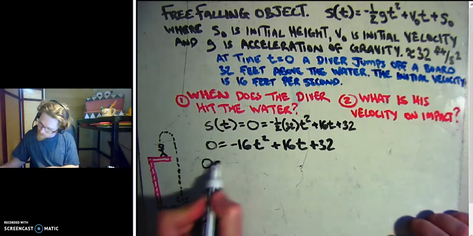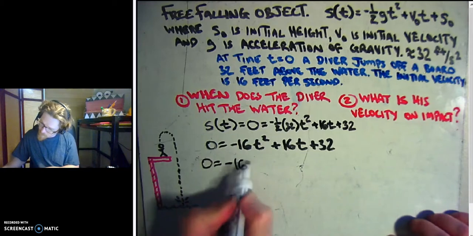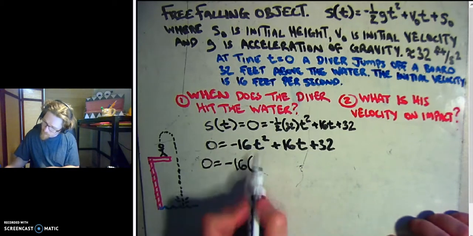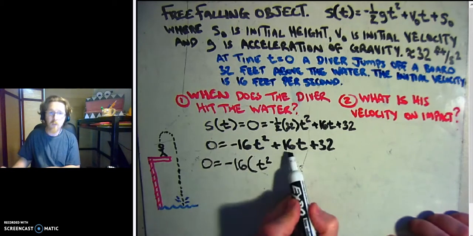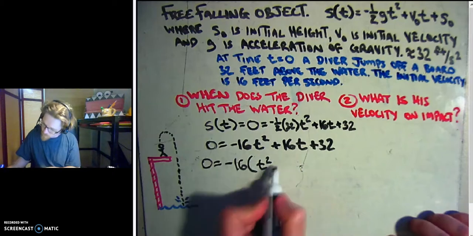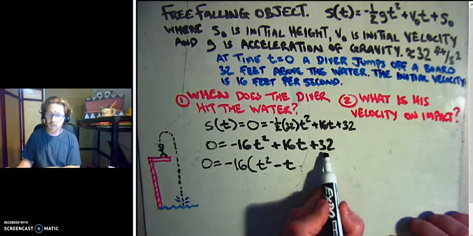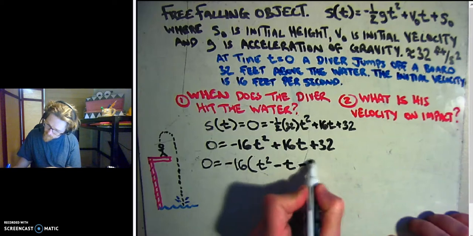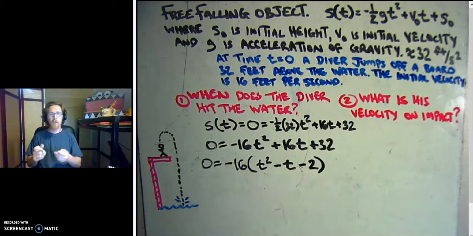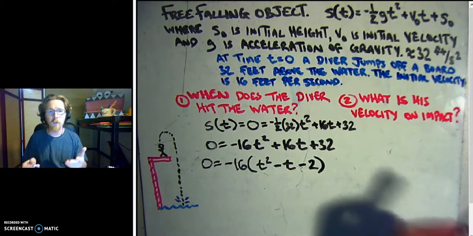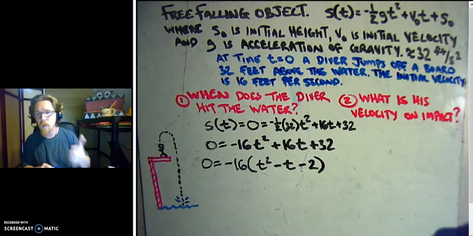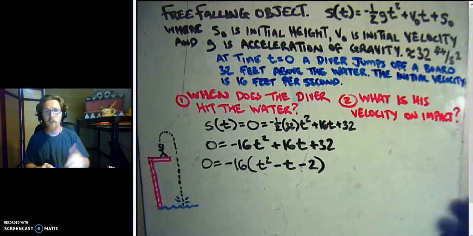So this would say 0 is equal to negative 16 times t squared. Because I took a negative 16 out, I'm going to have a negative t. Because I took a negative 16 out of 32, I'm going to have a negative 2. So again, what I'm doing is solving the problem for what time he hits 0.